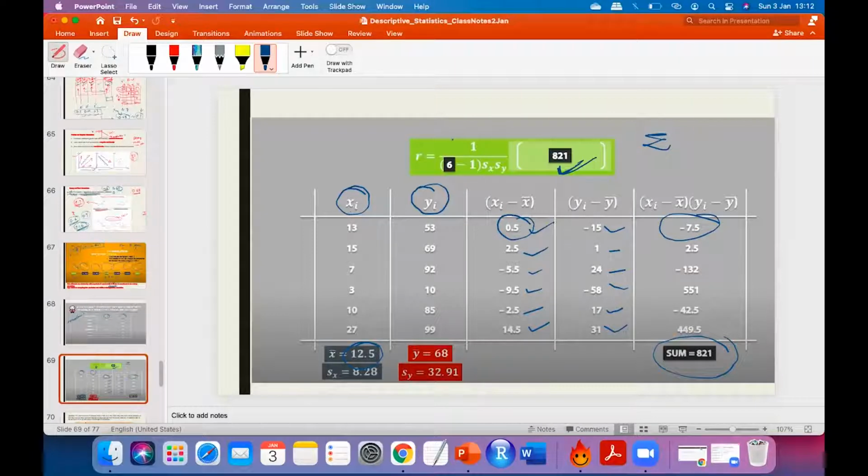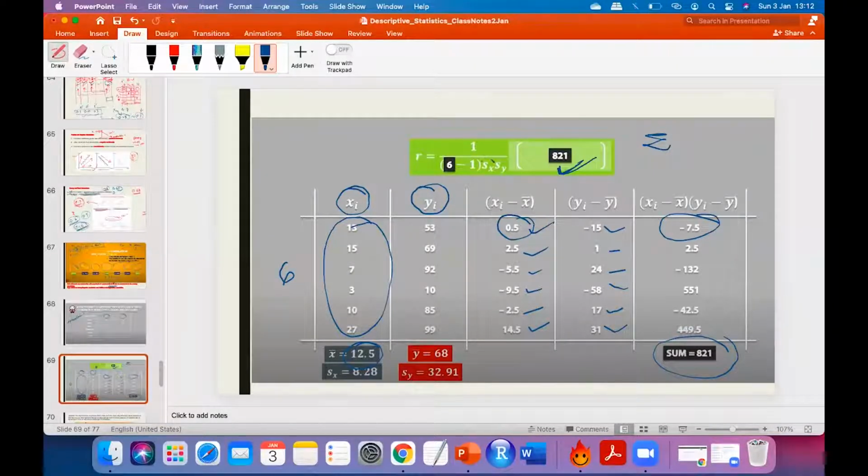Now, what is the n here? N is the sample size, the total number of samples. Again, you guys are getting confused. So n is the sample size. The sample is 6: 1, 2, 3, 4, 5, 6. So n minus 1 would be 6 minus 1.